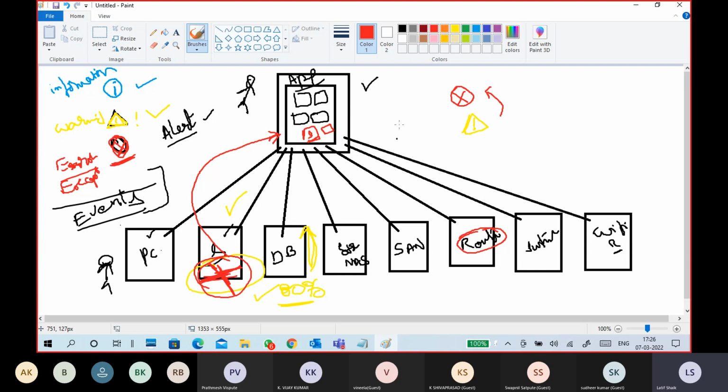The person in the monitoring system understands, okay, server is down, whether it is a server problem or a network problem. What will this person do? He sends the information to a service desk, either a service desk application or a service desk person, through a ticketing system.